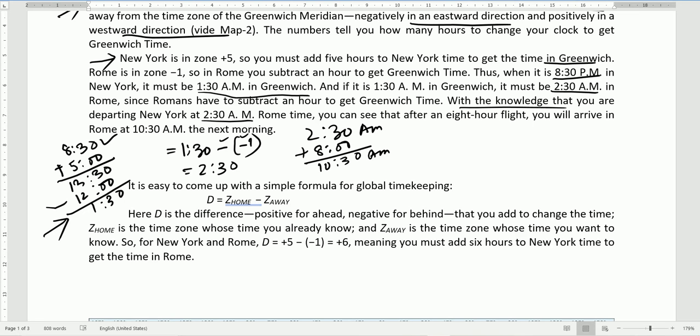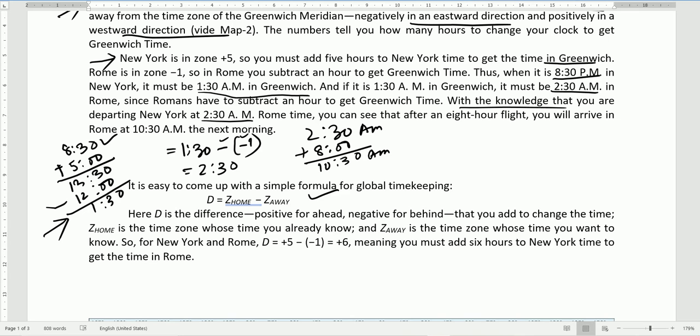So it is easy to come up with a simple formula for global timekeeping. We have the formula here: D = Z home minus Z away. Here D is the difference, positive for ahead, negative for behind, that you add to change the time. Z home is the time zone whose time you already know, that is the time zone of your flight origin, and Z away is the time zone whose time you want to know.